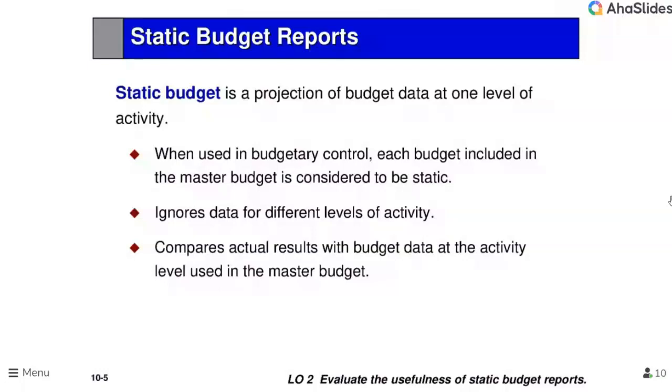So there's one level of sales activity, and then all other activity is related to that sales activity. So that sales activity is one level. It's static. It's not changed. But when we use this to compare actual to plan, we must realize the plan was based on one static number and does not allow for differences from that when you compare actual results.